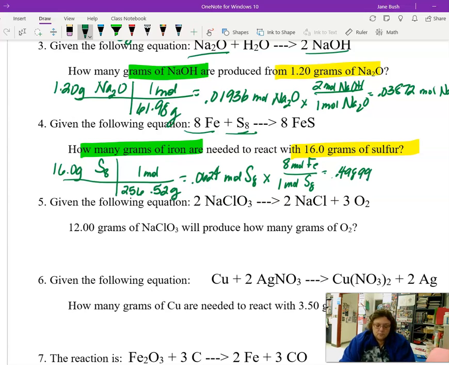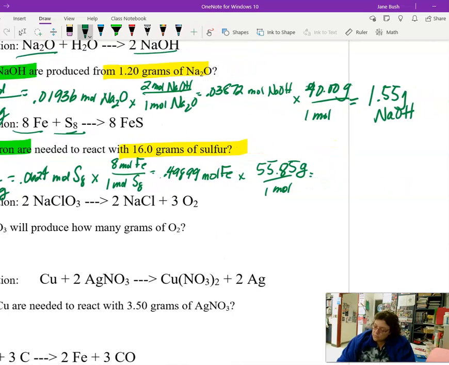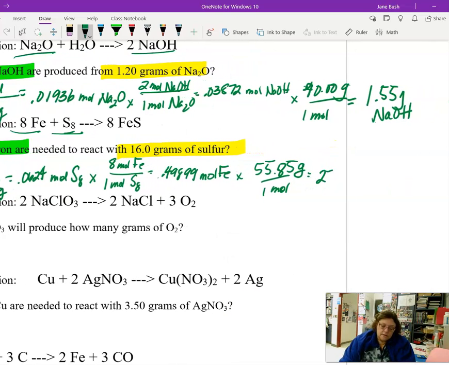I wasn't quite sure where to round, so I kept going. Now we're across the bridge, and we're in our unknown moles of iron. Finally, we have to get off the bridge. The molar mass of iron is 55.85 grams in 1 mole. So we're left with 27.9 grams of iron.